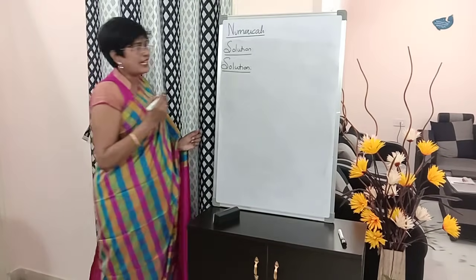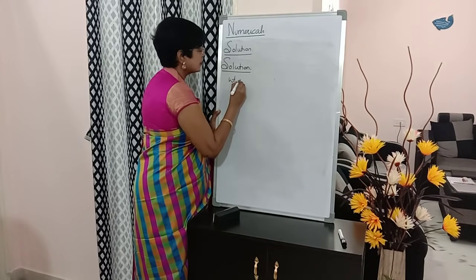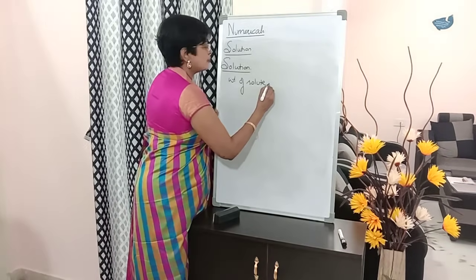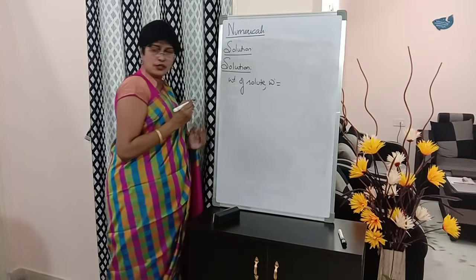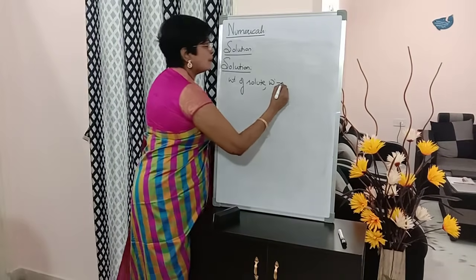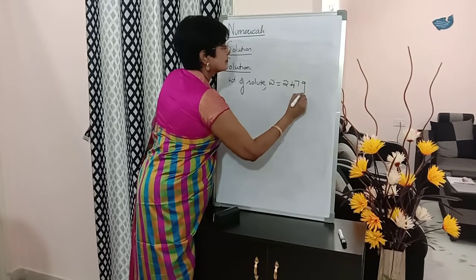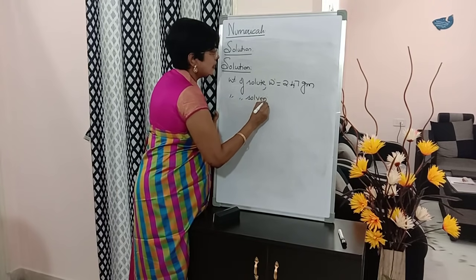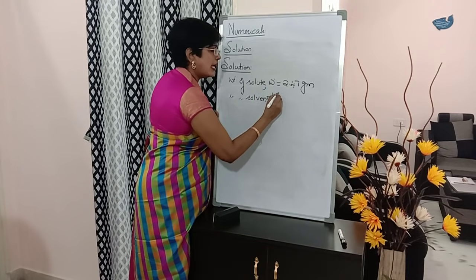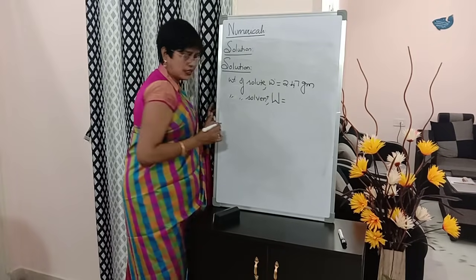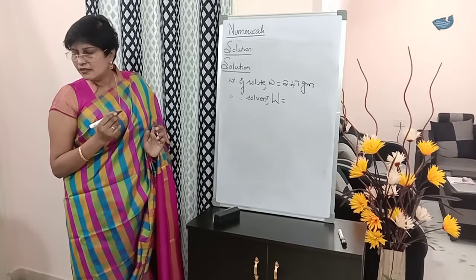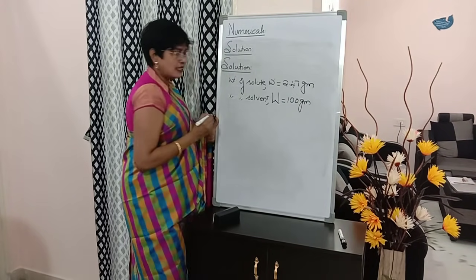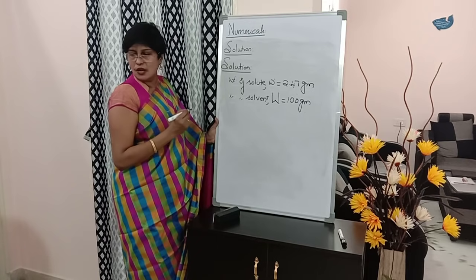Write down weight of solute, denoted by small w, is equal to how much, students? 2.47 grams. Next, weight of solvent, that is benzene, denoted by capital W, is equal to how much? 100 grams.